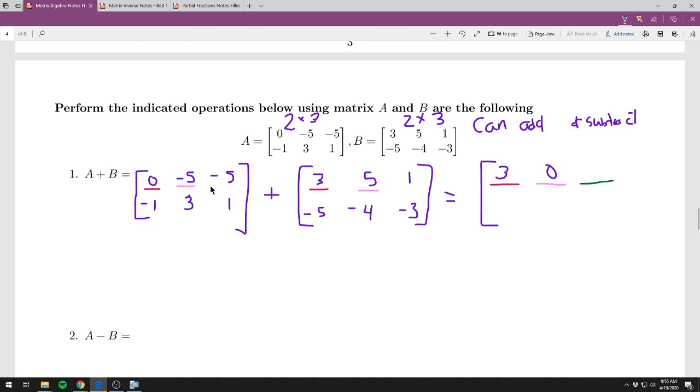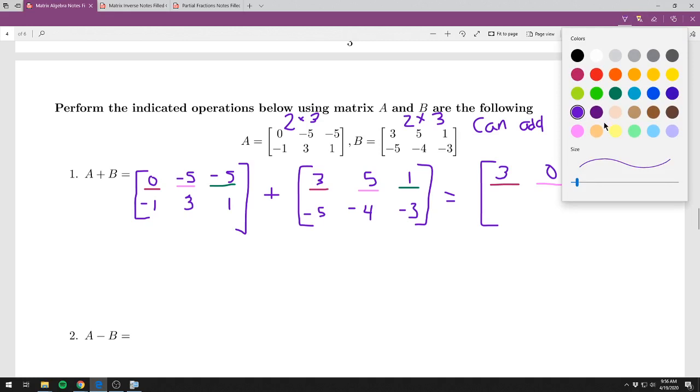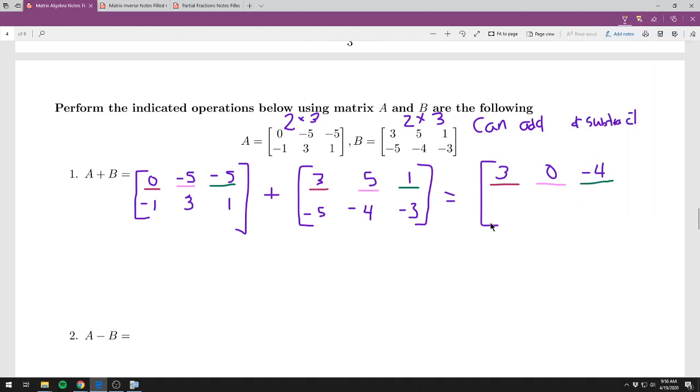So here, moving over to the first row and third column, -5 plus 1 is -4. And you do the same thing in the second row. Once you run out of entries, you are done. We go down to the second row.